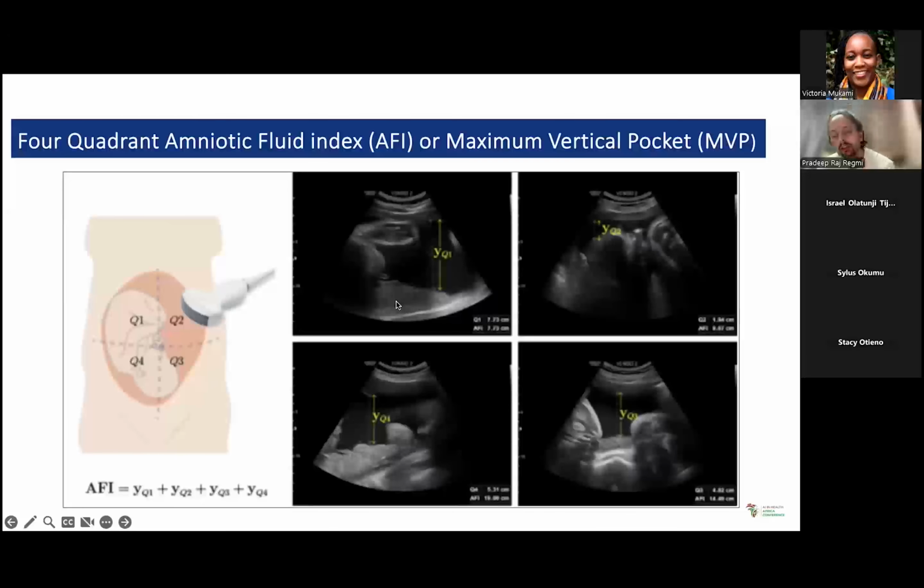The normal range is 8 to 25 centimeters, the vertical distance from one end of the uterus to the other end. So it must be vertical, and there should not be fetal parts within that measurement position. So we get the total amniotic fluid index in centimeters.